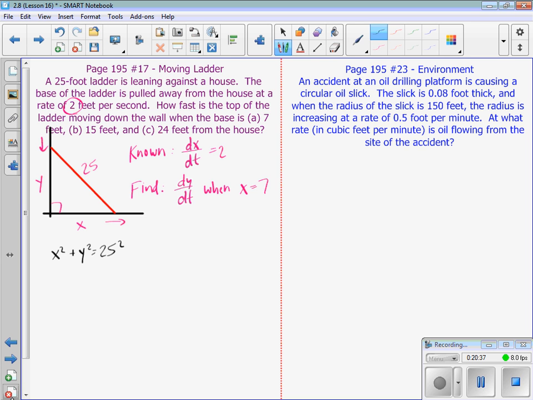Okay, once I have that equation, what do I do? Take the derivative. What's the derivative of x squared? 2x dx/dt plus 2y dy/dt equals?